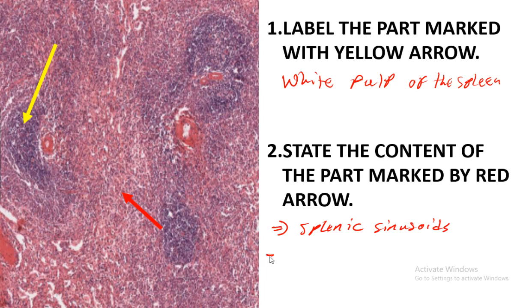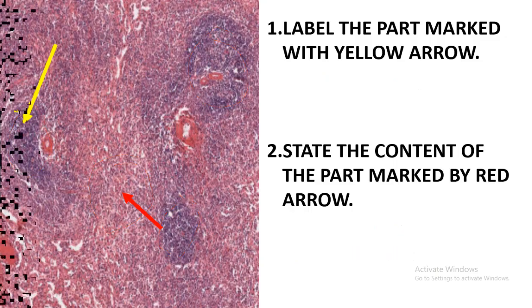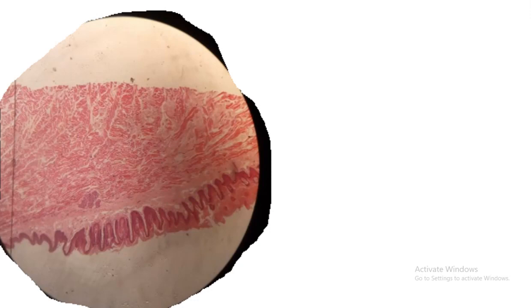Those are just some of the content of the part marked with red. Remember, this part is known as the red pulp, and that part is the white pulp. Okay, let's quickly move on and look at the next question.